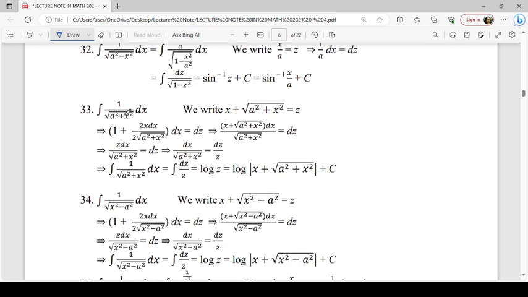Next, this is 1 by root over a square plus x square. So here substitution is somehow different. So we write x plus root over a square plus x square is equal to z.